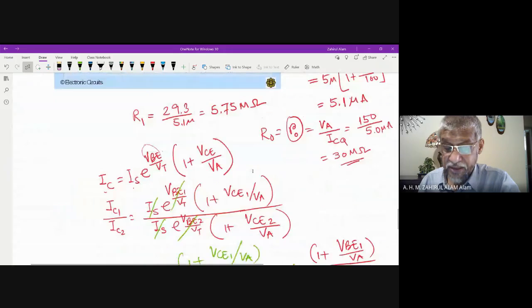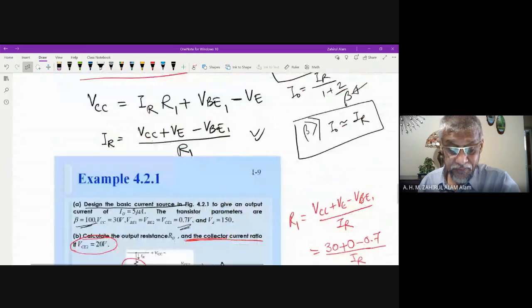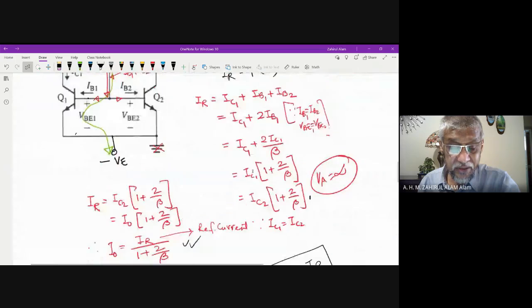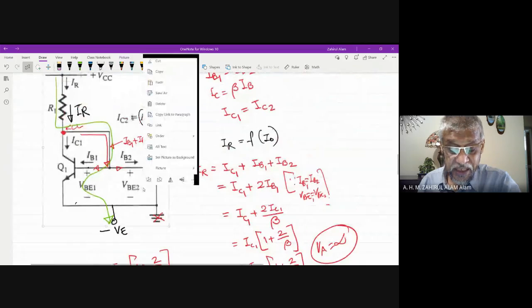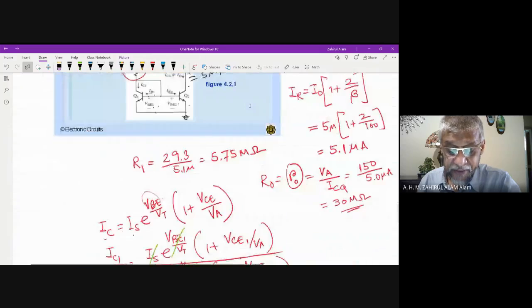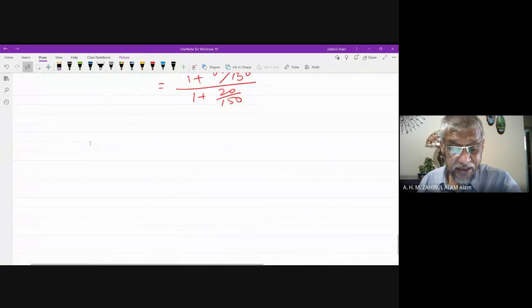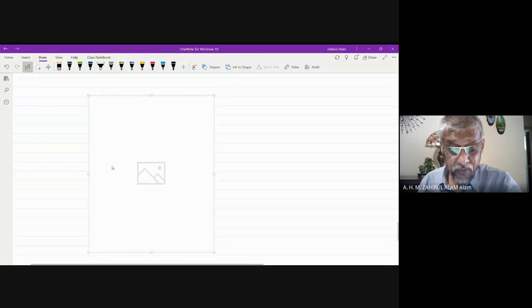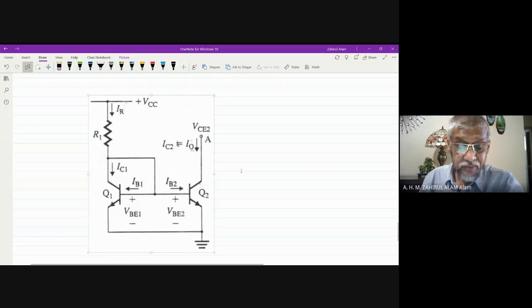Now if I ask you to draw the small signal equivalent circuit, I will draw it very quickly. This is supposed to be ground.